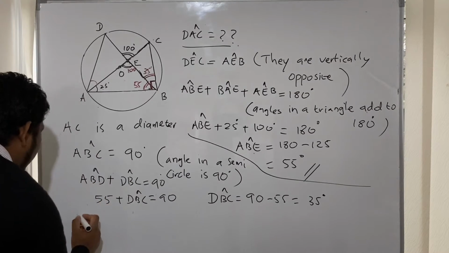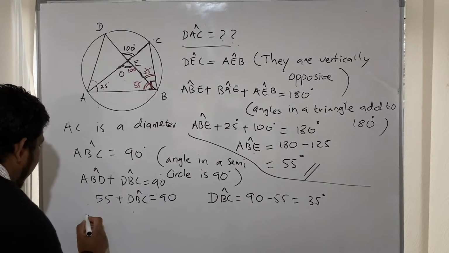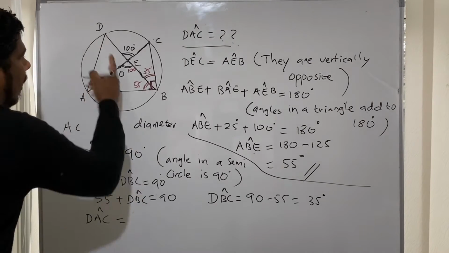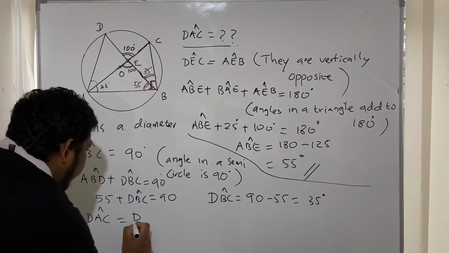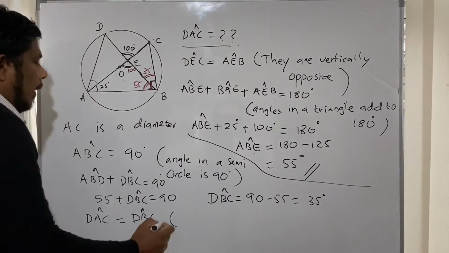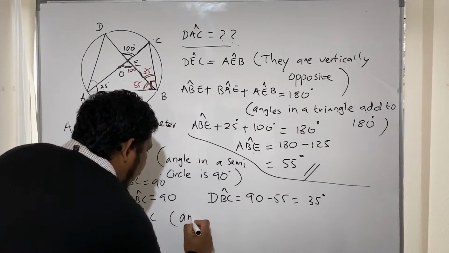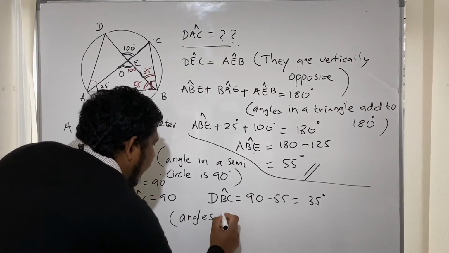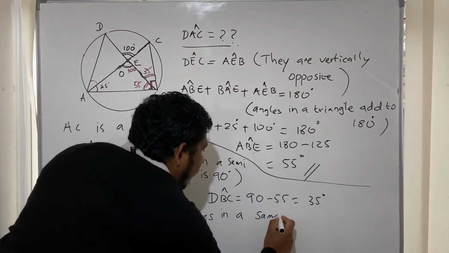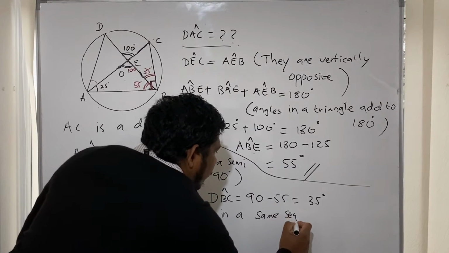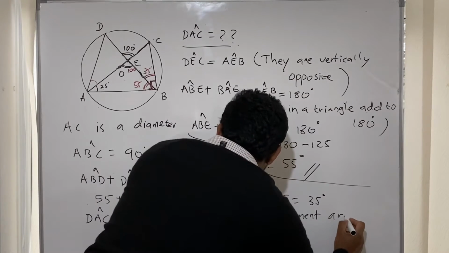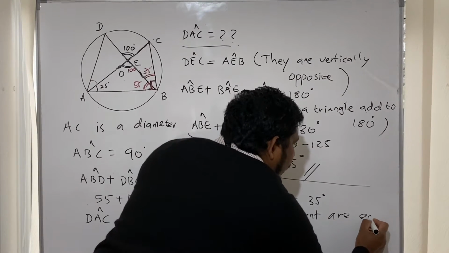We can write down that angle DAC is equal to angle DBC, because angles in the same segment are equal.